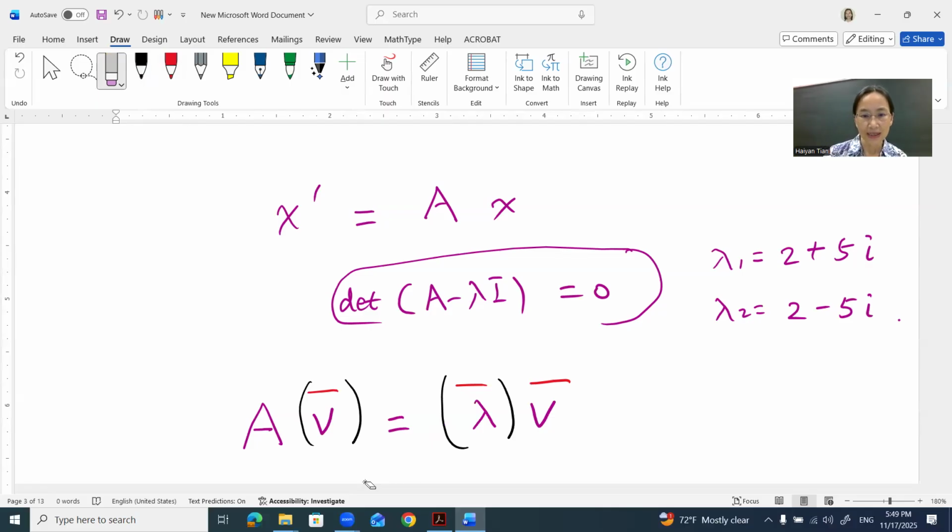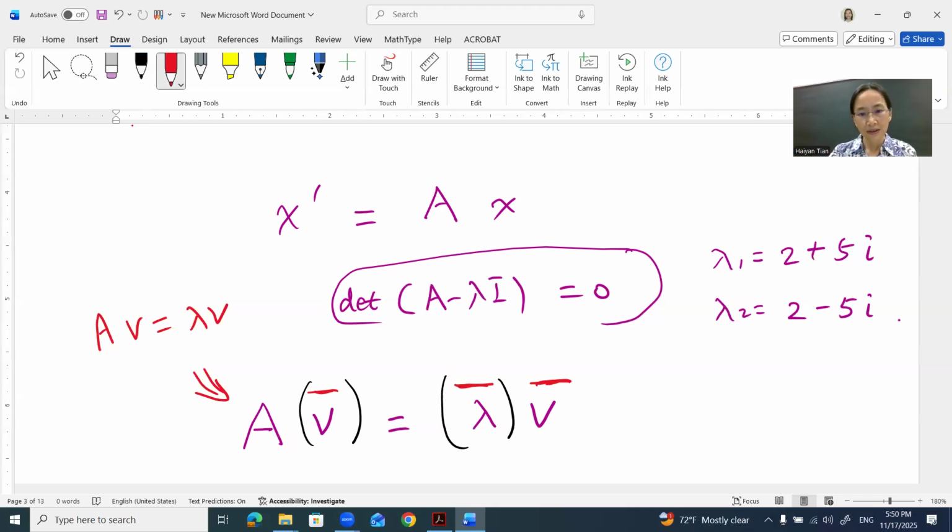So this shows that if AV equals lambda V, meaning V is an eigenvector corresponding to the complex eigenvalue lambda, then the conjugate of lambda is also an eigenvalue, and the corresponding eigenvector is V bar.